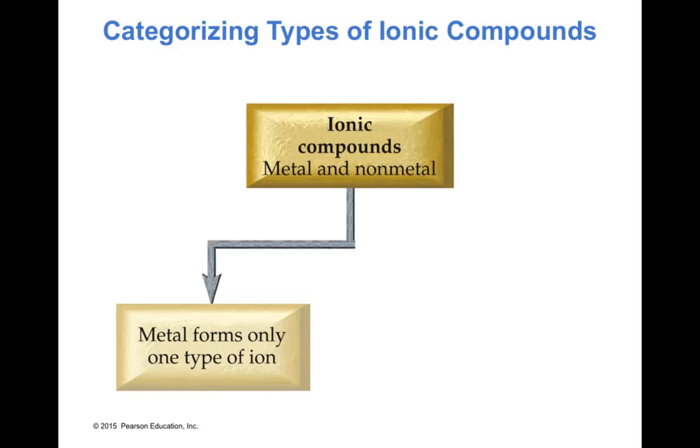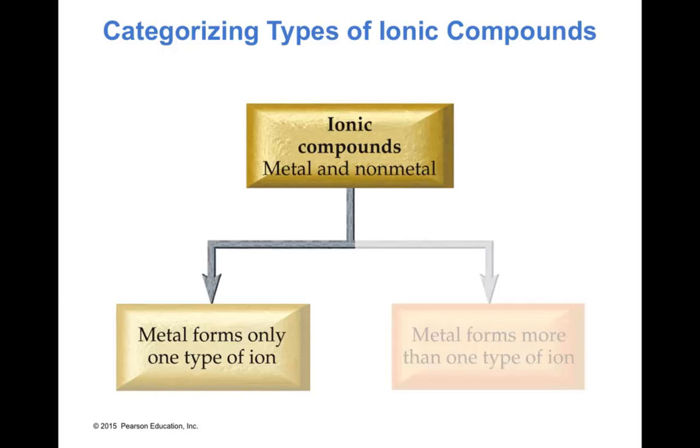We can have an ionic compound from metals that form only one type of ion. These are, for example, the metals that are in family 1. They are going to create cations with a +1 charge. It's the same way with family number 2, which are always going to produce cations with a charge of +2. But with the transition metals, we can create different cations from the same element.